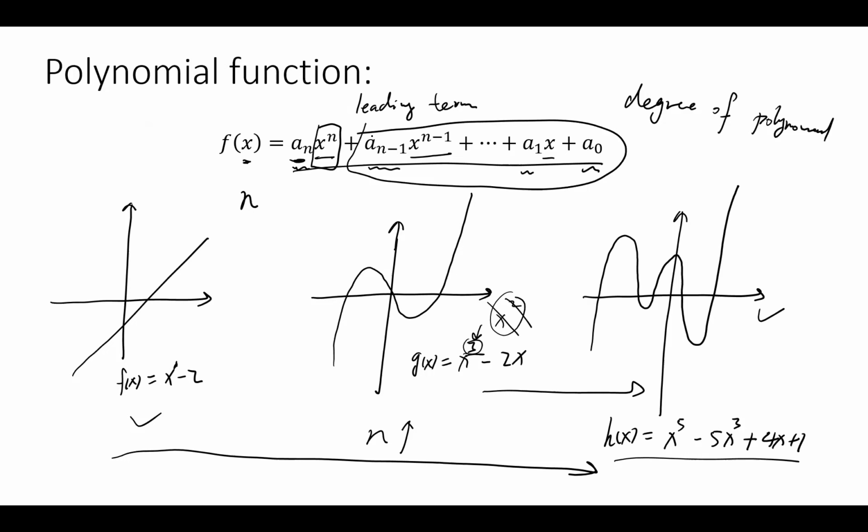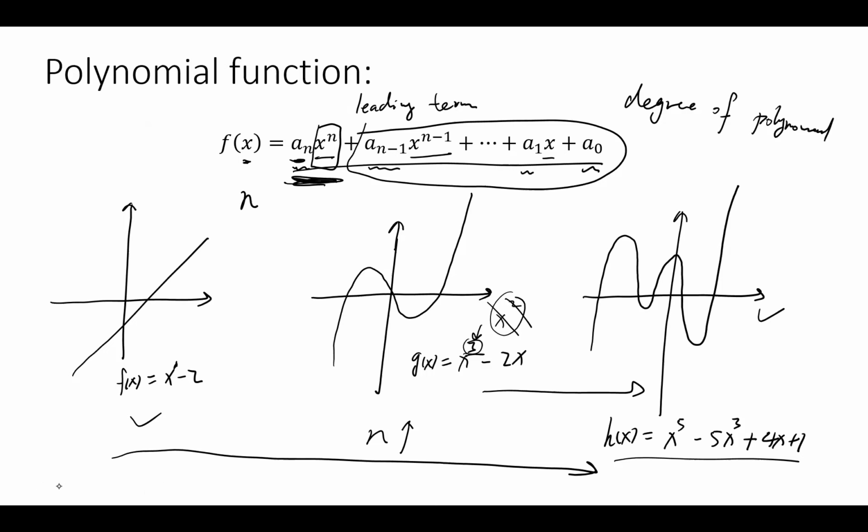What we need is for the leading term to be present, right? If it's not there, then we cannot say it is a polynomial of degree n. So that's just something to keep in mind. And I think that's it for the polynomial function.